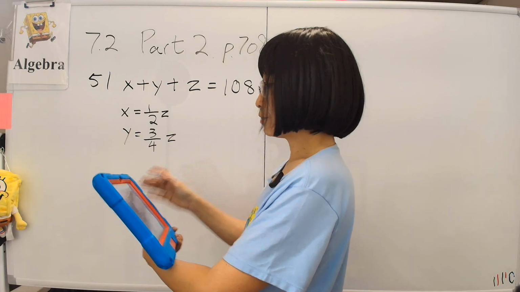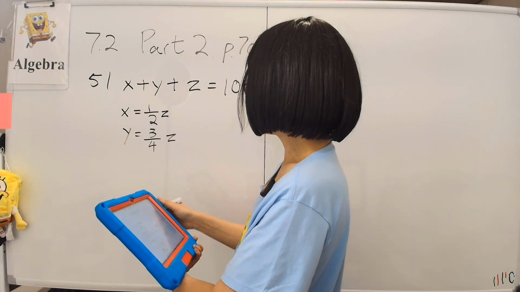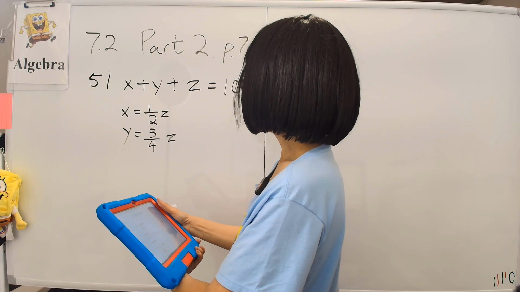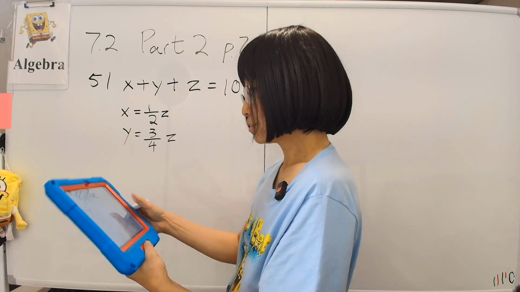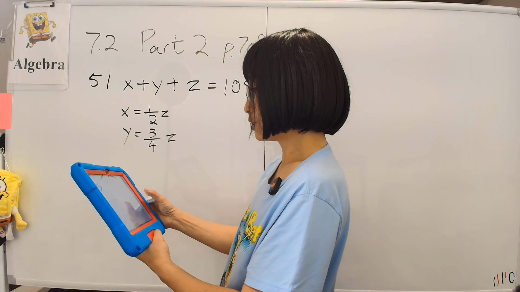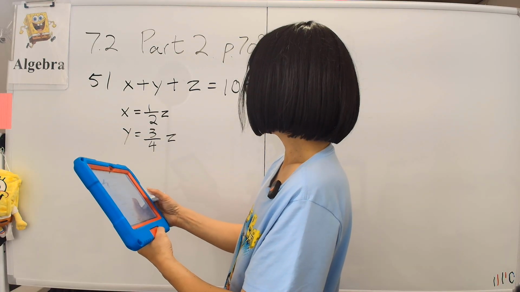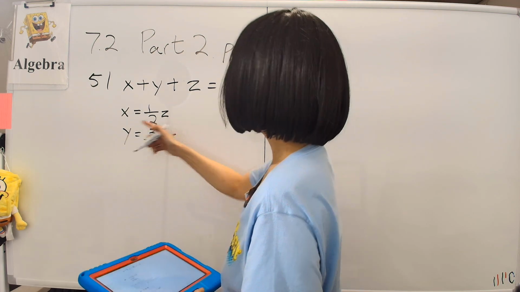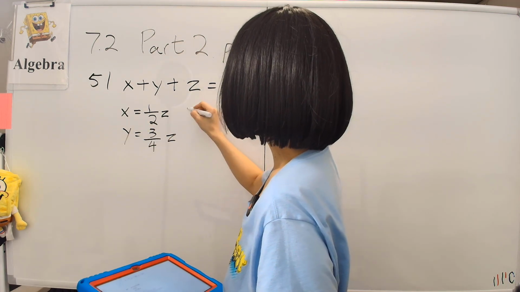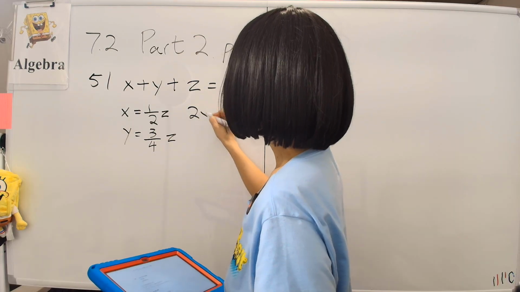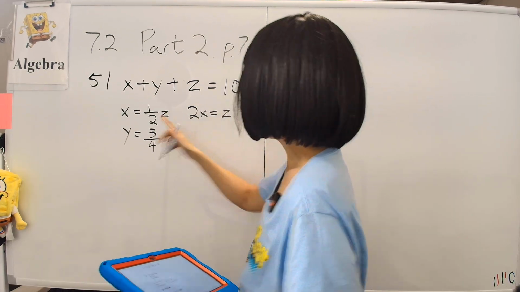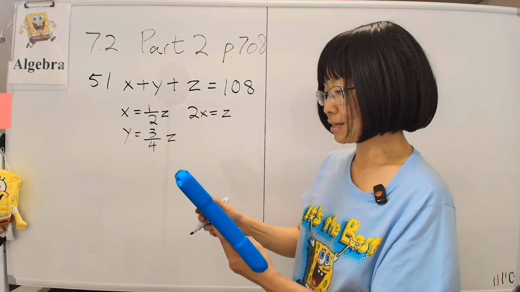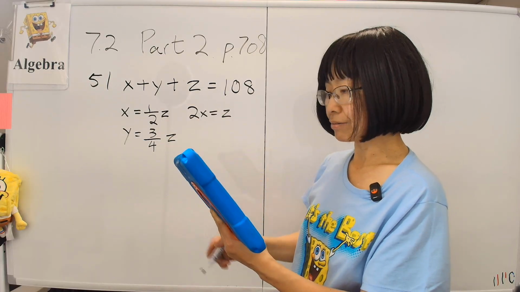Now what we're going to do is eliminate z. I'll rewrite this equation. This is 2x equals z. You just multiply both sides by 2, and the equation can be written like that. This one, I'll keep that way.